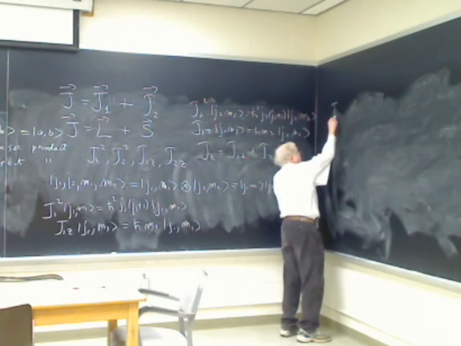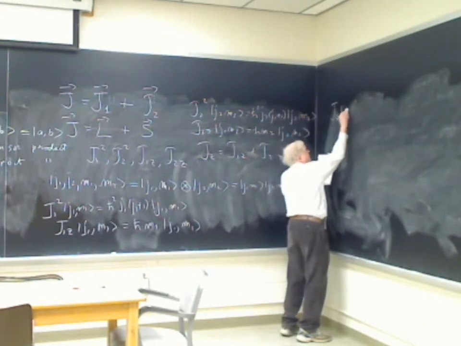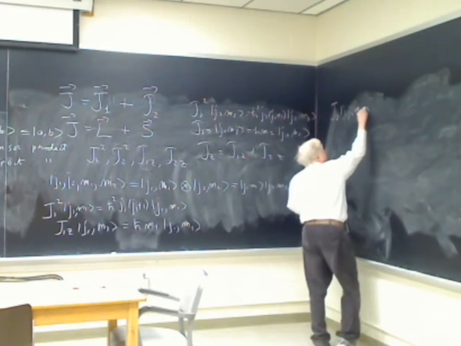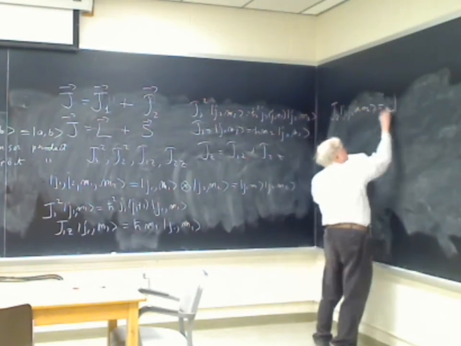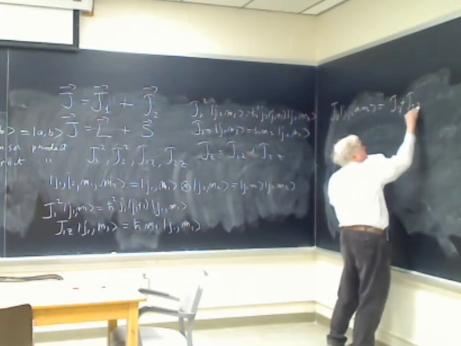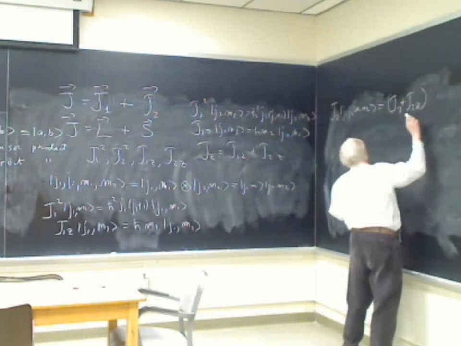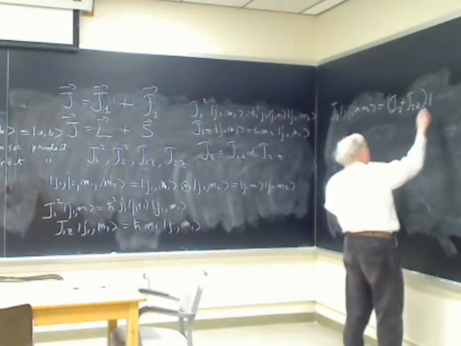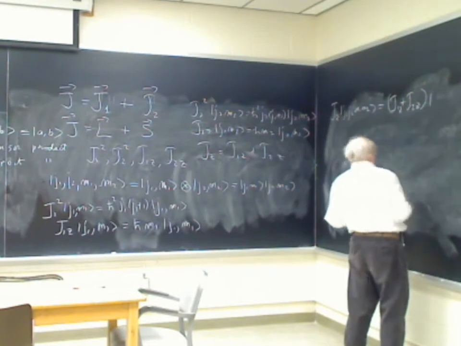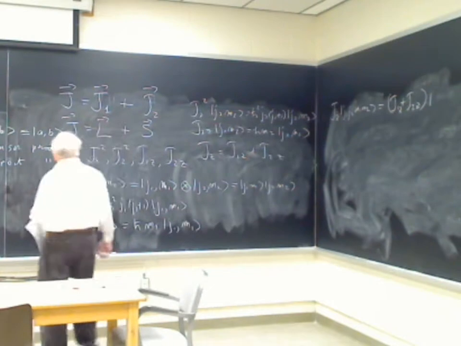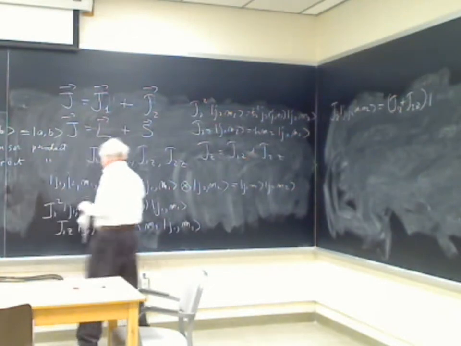Jz on |J1 J2 M1 M2⟩ is J1z plus J2z on it. And in fact, after saying all this to you, I almost think that we should abandon this conventional notation.